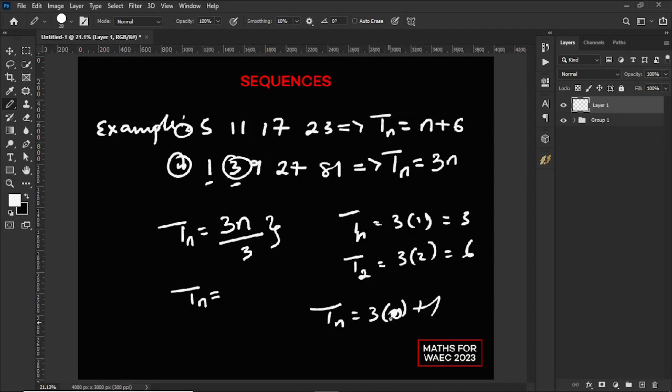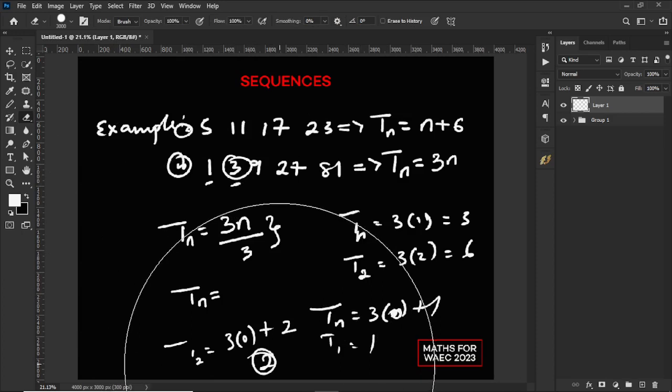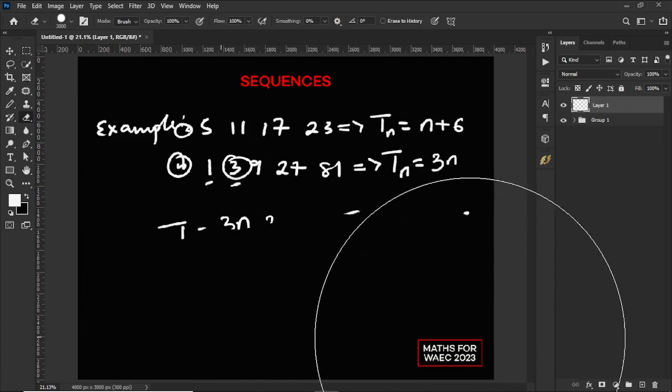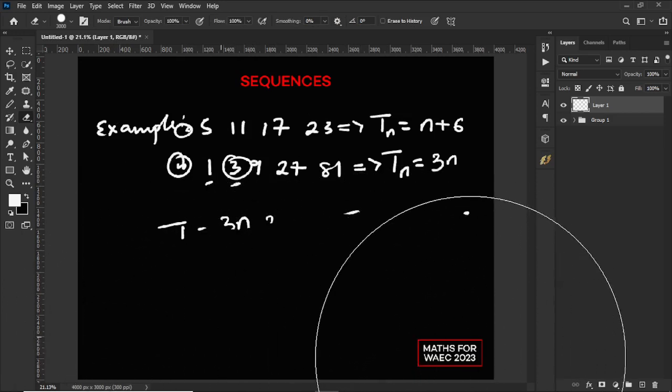Then T1 equals 1, which is correct, isn't it? And I'll check it for T2. That will be 3 times 0 plus 2, which just gives me 2. So it fails to work for the second one, right? That can make me think of something else. Let me clean this first.